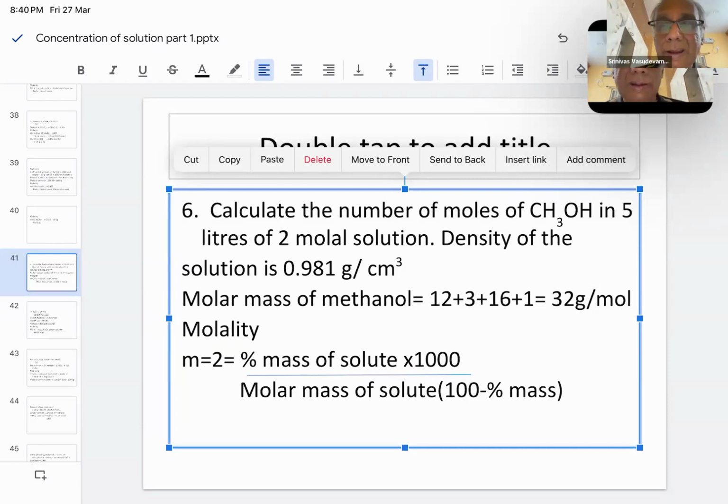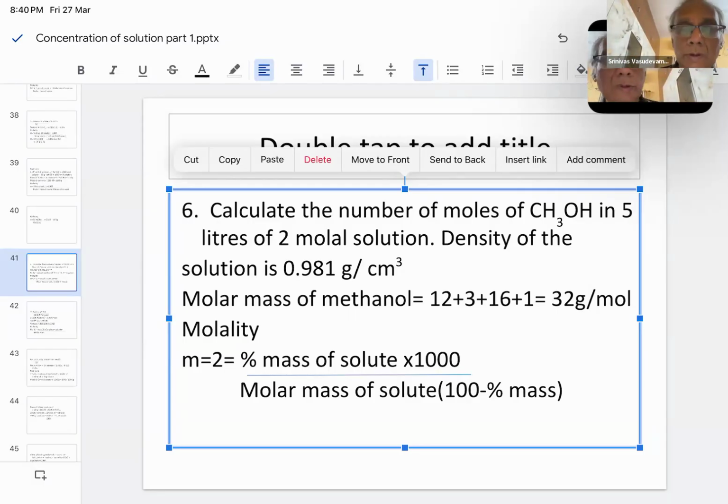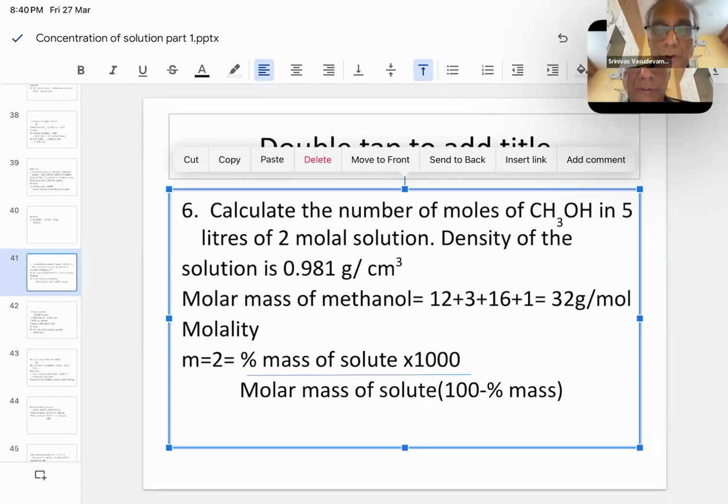So now molality is known to me, density is known to me. So I can use the formula to find out the percentage mass here. Molality equal to 2, which is equal to percentage mass of solute divided by molar mass of solute into 1000 by 100 minus percentage mass. Okay. So percentage mass of solute I want to find out. Molar mass of methanol is 32.